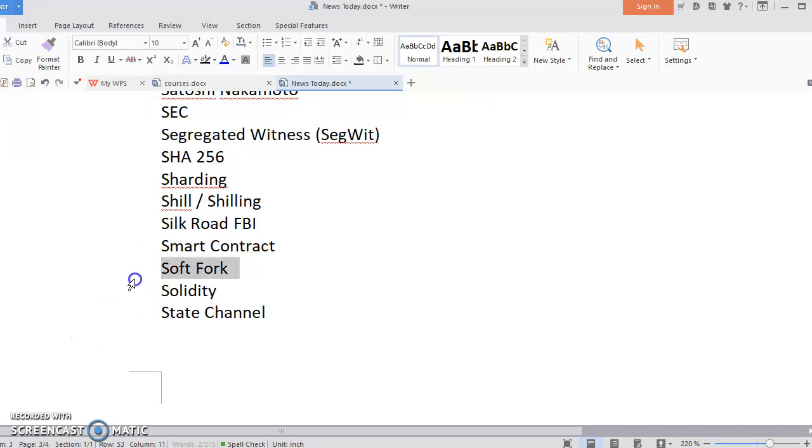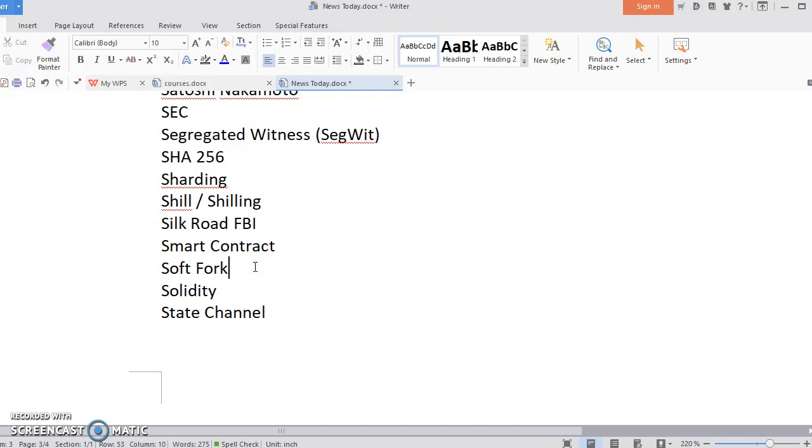And then soft fork. We talk about fork. Forks are when we make changes to a certain piece of software, maybe in terms of Bitcoin or whatever cryptocurrencies. So what is the difference between the hard fork and the soft fork? With the hard fork, these are changes you make, but you can't go back in time. You can't align them with the previous code, and they are irreversible.